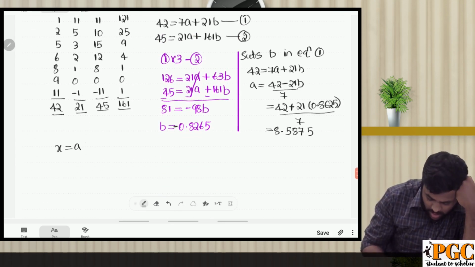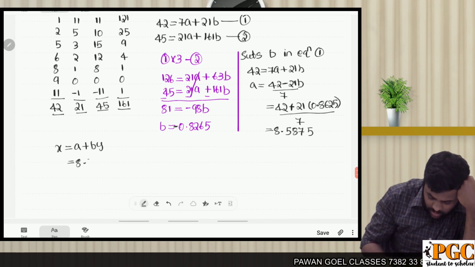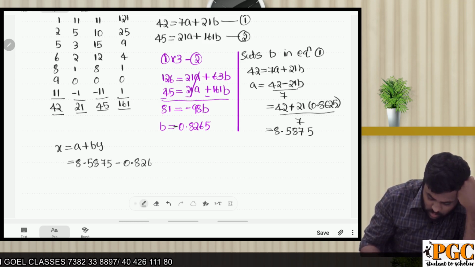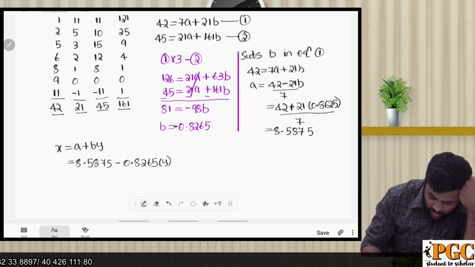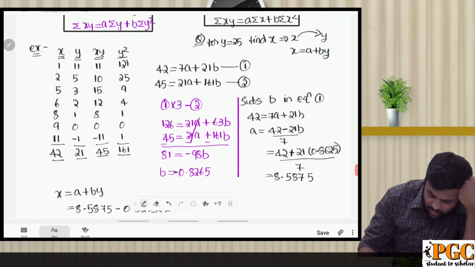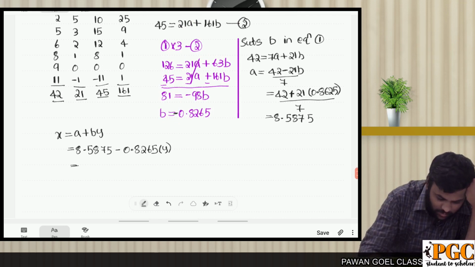Since he is saying x is dependent on y, we get the equation x is equal to a plus by, that is 8.5875 minus 0.8265 into y. Now my dear friends, what is the value of y? The value of y is supposed to be 25.